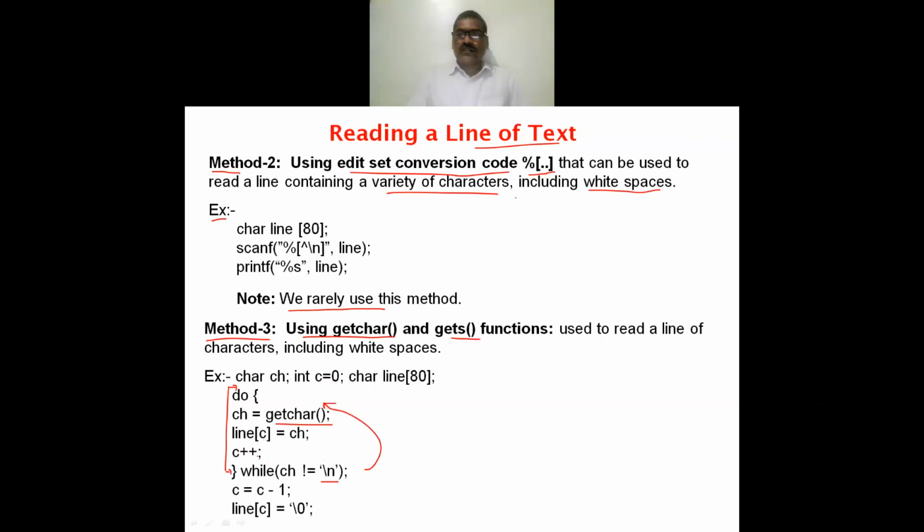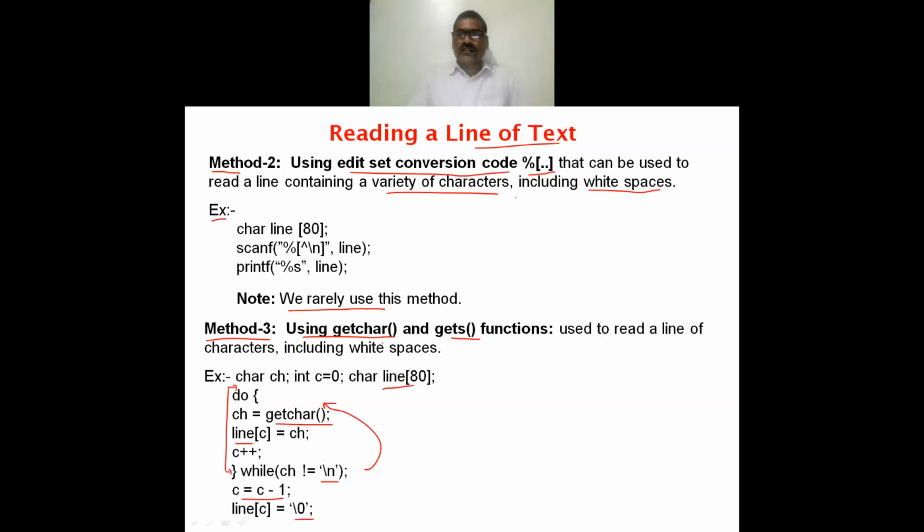And c++ makes c equal to 2, and then ch is checked against new line. Like this it goes on repeating, reading character by character into this line array until the user inputs a backslash n character. After reading that, you decrement the counter by 1, and at the line[c] location you insert a null character. This is the way of reading individual characters into a character array.